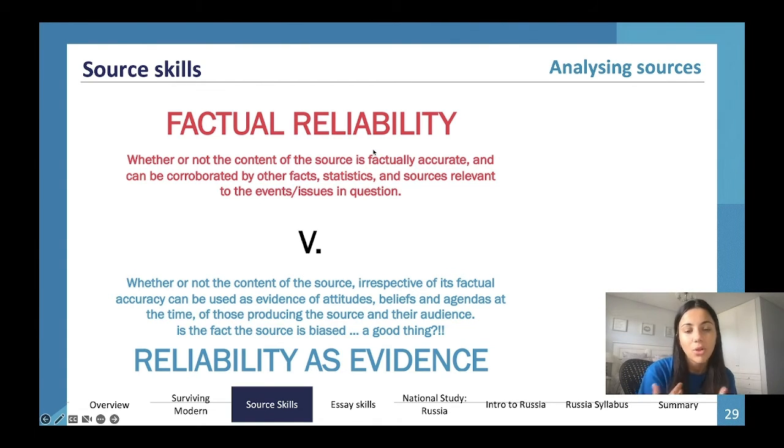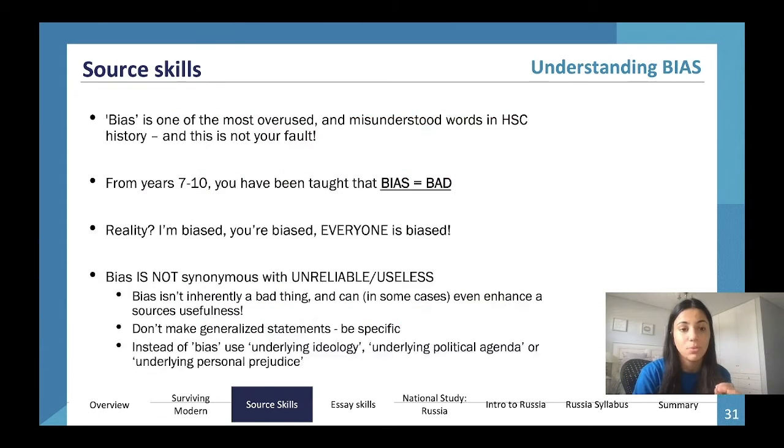But then I felt like I was limiting myself in answers, because a lot of the time, even though they're factually unreliable because of the bias in them, or the implicit bias, whatever it was dealing with, that bias actually shows the evidence of attitudes and beliefs and agendas. So it's two-sided. Again, in history, nothing is perfect, no source is perfect, and nothing is 100% agree or disagree. There's always going to be other sides. So I think having this mindset and being able to distinguish between the two will help you in your marks.